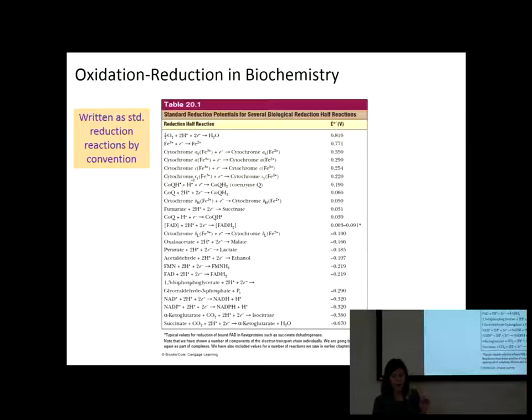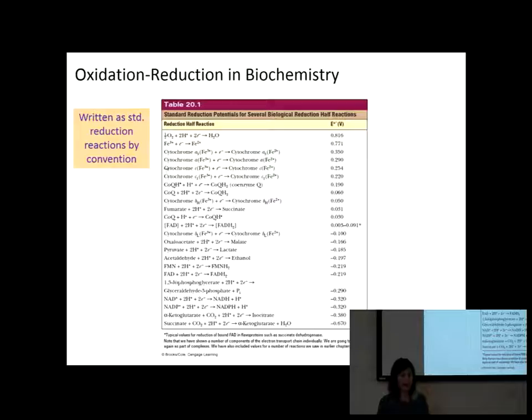So the chemical environment in cytochrome C1 is such that it causes this iron to want to hold on to the electrons a little bit more than the iron in this environment, than the iron in this environment, than the iron in this environment. So we're still using the chemistry of reducing the iron, but the environment around that causes, and we'll see, it goes cytochrome C1 to cytochrome C to cytochrome A to cytochrome A3.